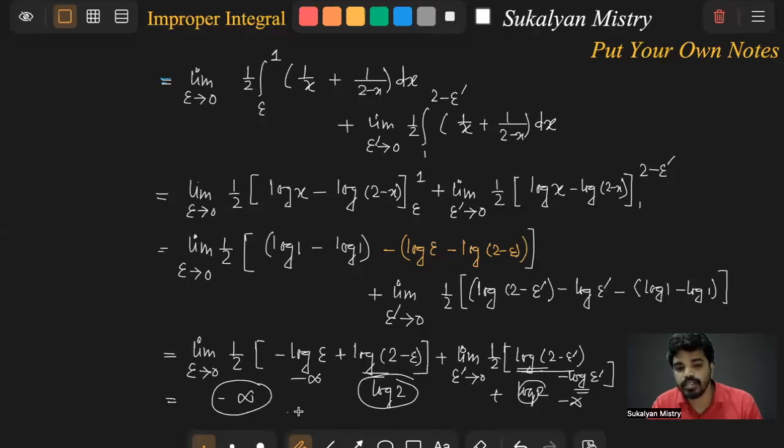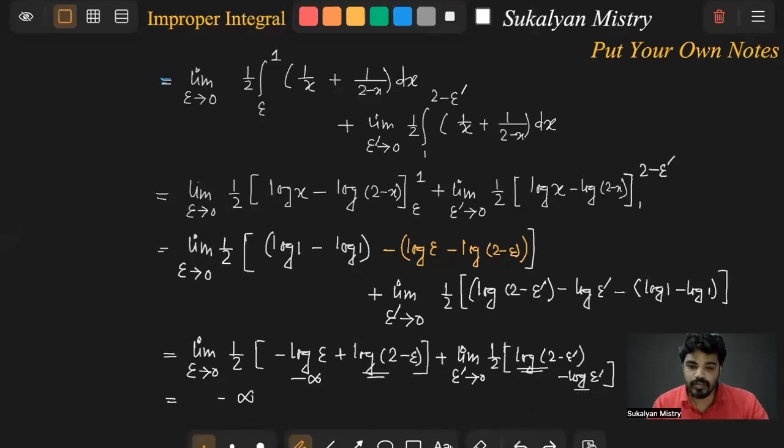So ultimately this is minus infinity, so this limit does not exist. So this improper integral is not convergent.